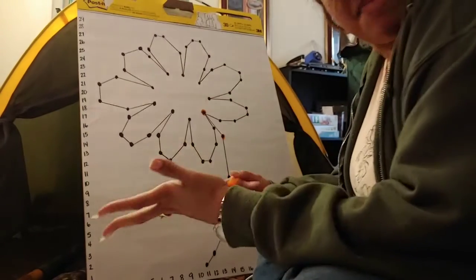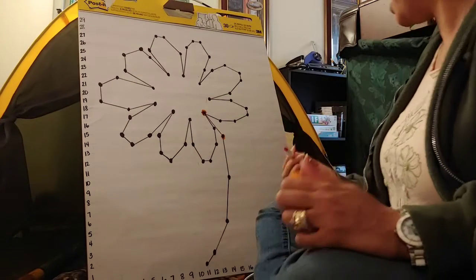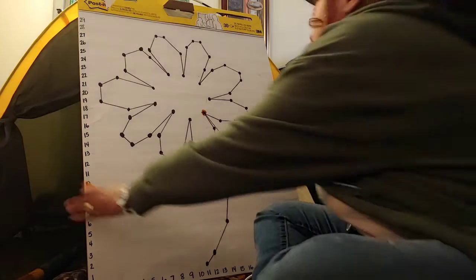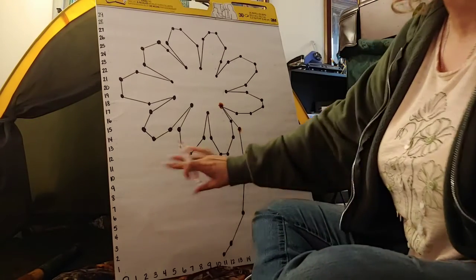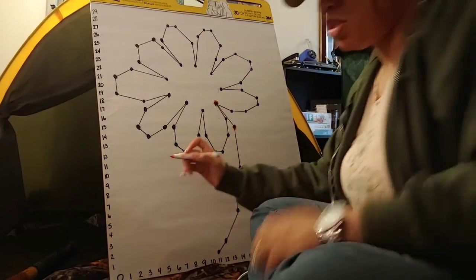So, slope is represented by the letter M. And I hope y'all can see if I write it down here.